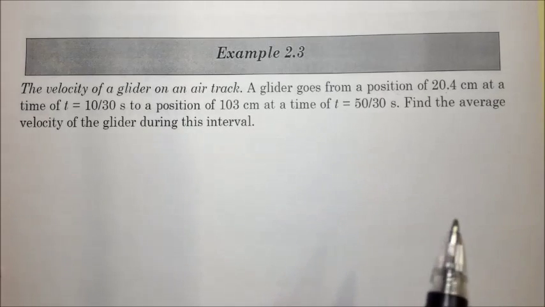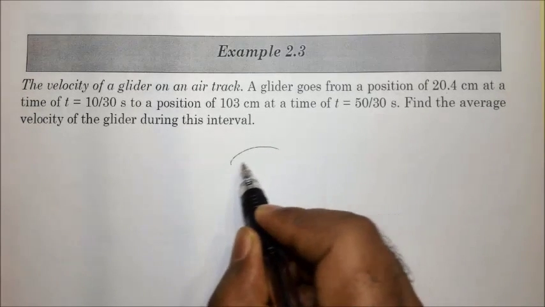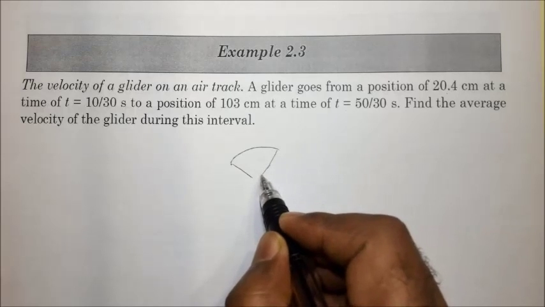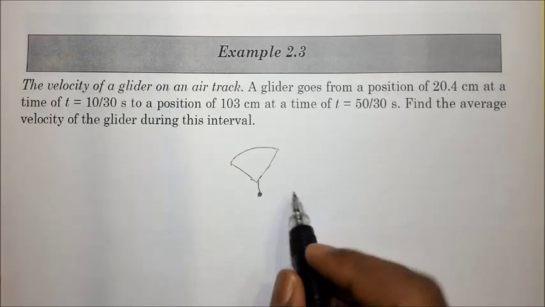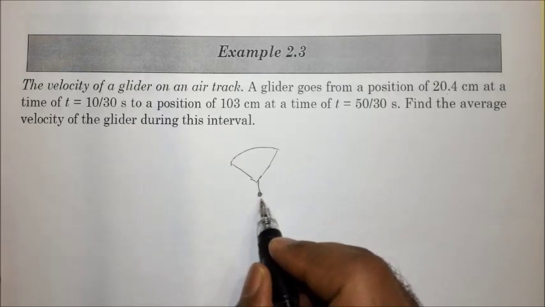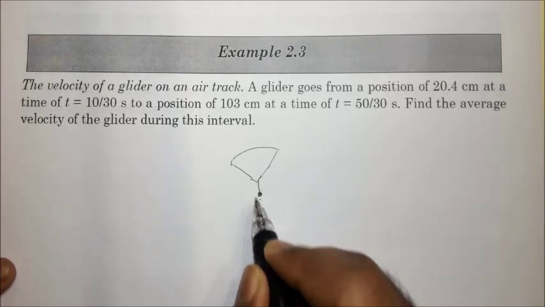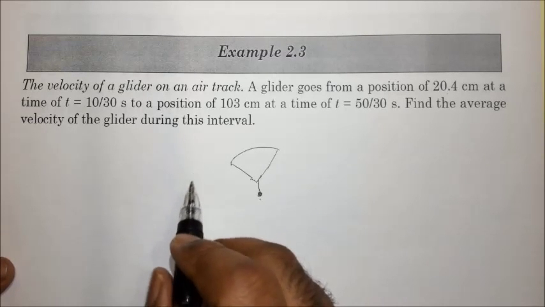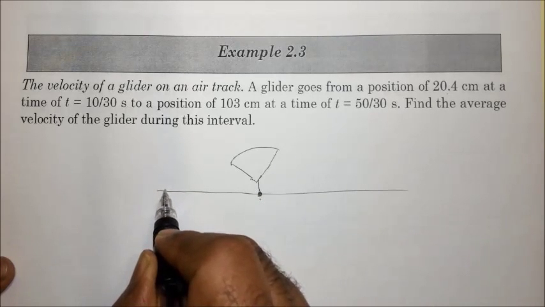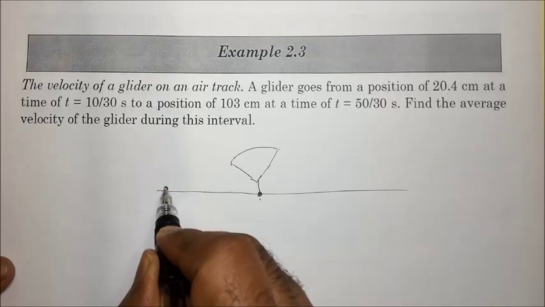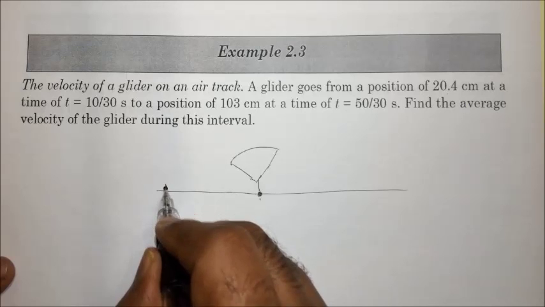So there is some glider, and its position, so you have reference somewhere, your starting reference point is here somewhere.